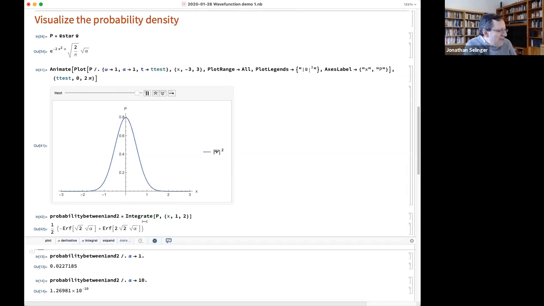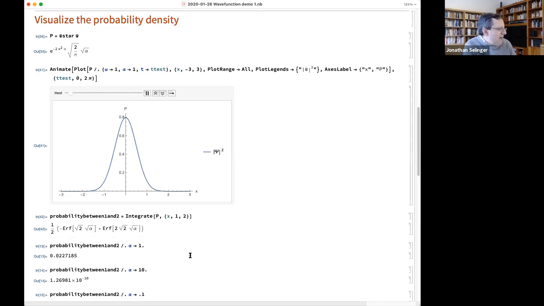Mathematica can actually calculate an exact answer for that in terms of this function called ERF. ERF stands for error function, which is a function that you might or might not have ever heard of before, but you know, it's a function. Mathematica knows it. But if I want to know it numerically, I can just substitute in a particular number for alpha.